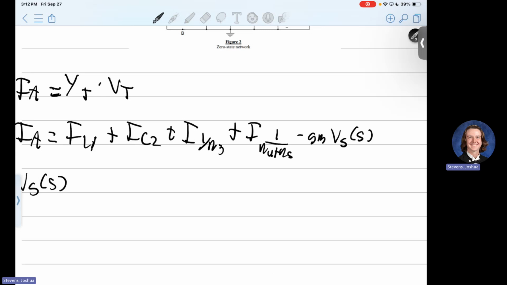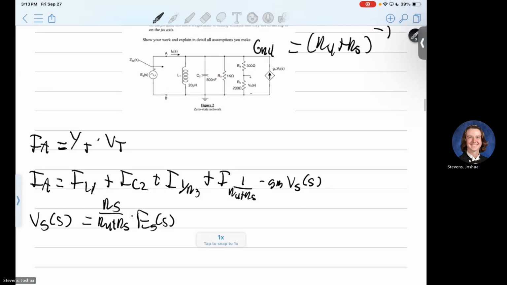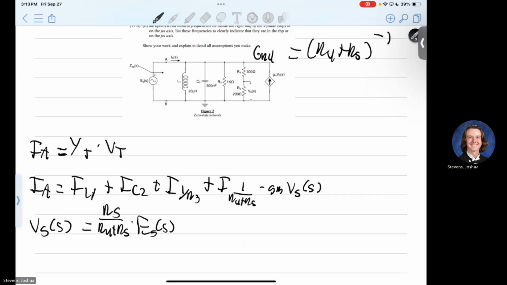You said R5 over... I agree, but what? And then why is it EG of S? Yeah, cool. The voltage in the parallel is the same, as in the voltage here is the same as the voltage here. I agree.